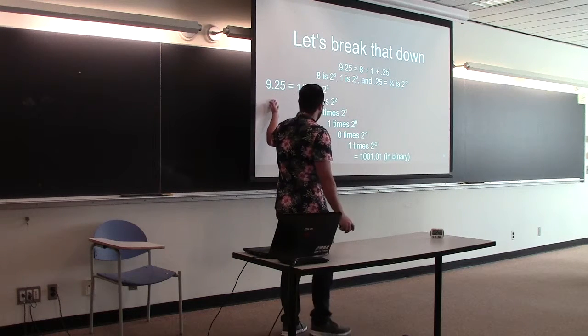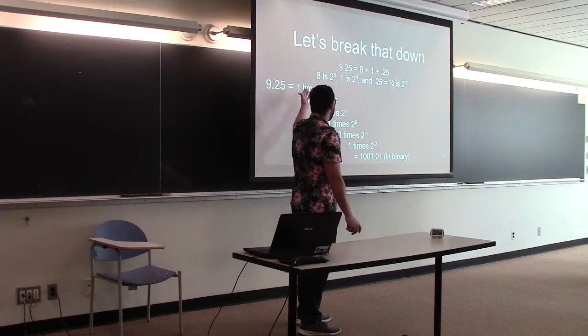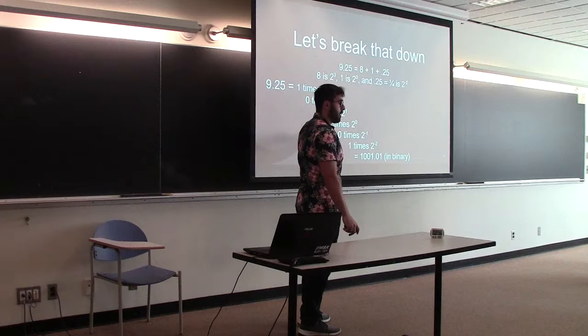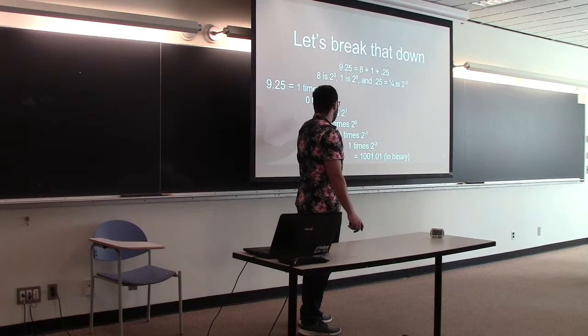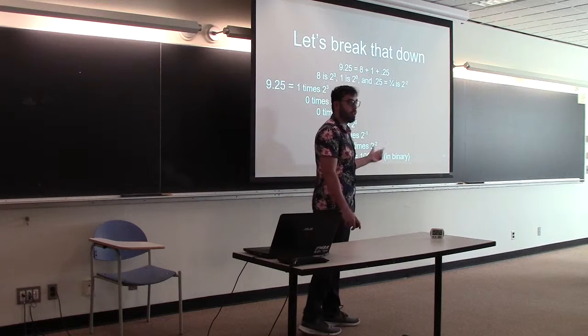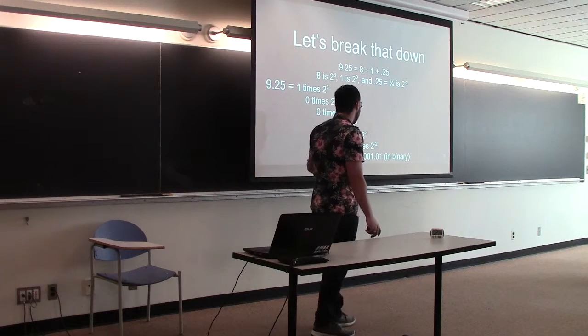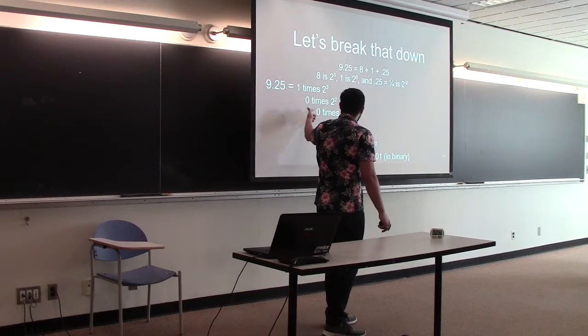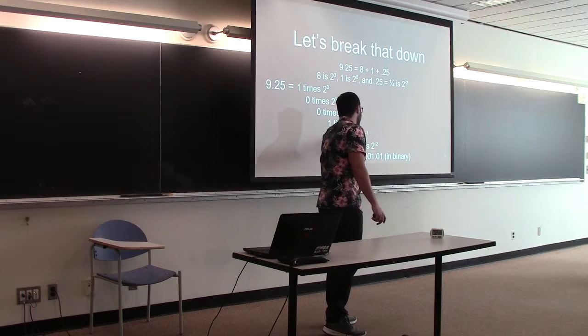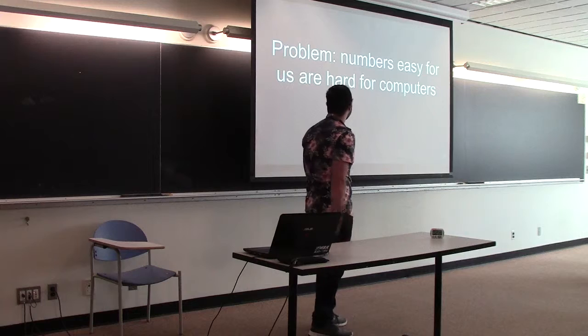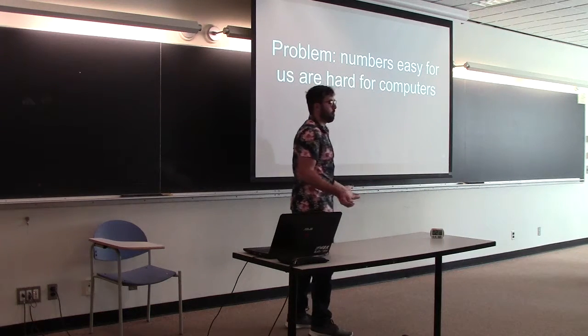Thus, 9.25 equals 1 times 2 to the 3, 0 times 2 to the 2, 0 times 2 to the 1, 1 times 2 to the 0, 0 times 2 to the negative 1, and 1 times 2 to the negative 2. Thus, we have 1001.01 in binary. But here's the problem.